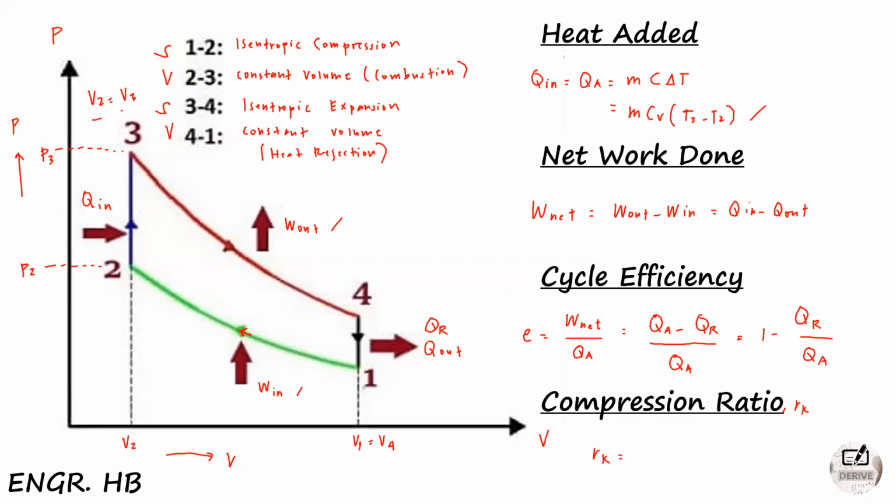It's either V2 is equal to V3 or V1 is equal to V4. So this is a compression ratio, meaning dalawang volume ang involved. So it's either the ratio between V1 and V2. Of course, V1 nasa tuktok kasi mas mataas siya. Andito kasi siya. And of course, V1 is equal to V4 also. And your V2 is equal to V3 also.